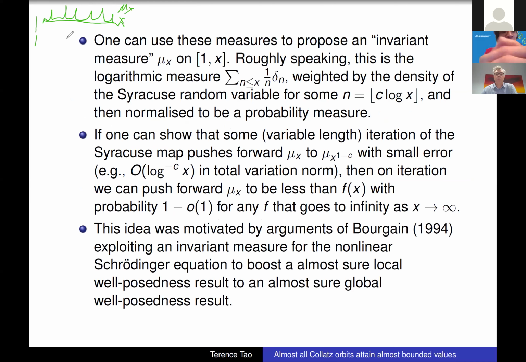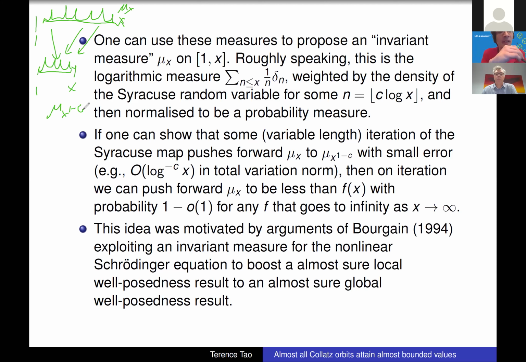And if you construct it correctly, the property that you should have is that if you start with a random number chosen from this distribution and you apply the Syracuse map enough times, you should end up with the corresponding Syracuse measure at a smaller value of x, with a small exceptional set.